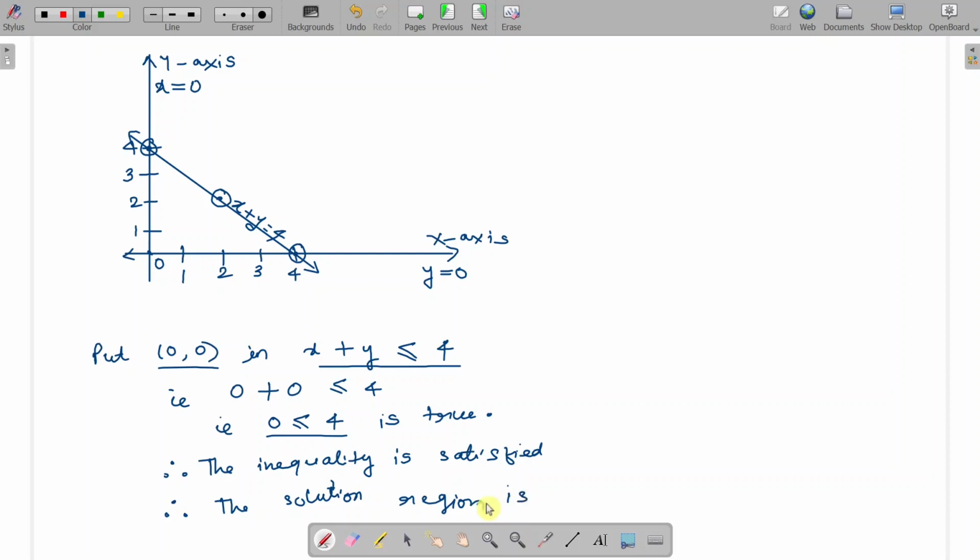The solution region is the half plane where 0 comma 0 lies. So that means this half plane.